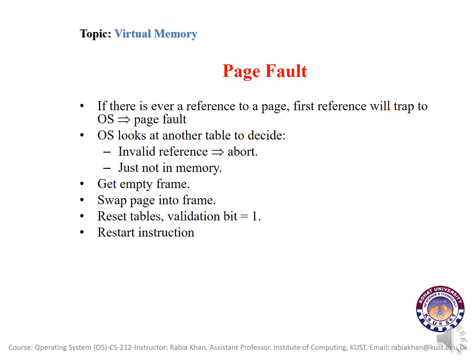Now, for a 0 bit, the operating system has to be very careful to identify if the reference is invalid or the page is just not in main memory. After confirming it, if the reference is invalid, the instruction referring to that page is aborted.